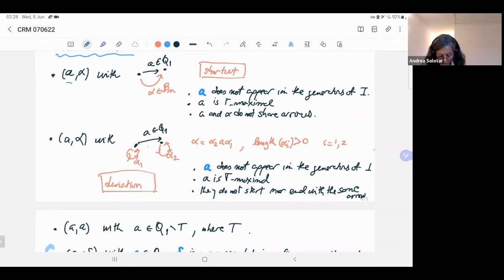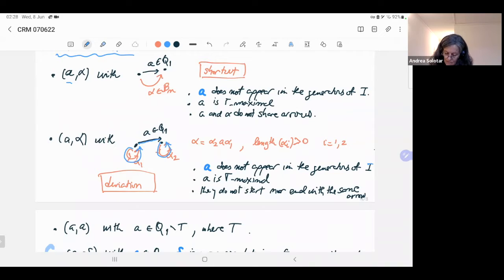And then another type of configuration where we consider the arrow parallel to the path that goes through alpha 1, which does not start with A, then A, and then alpha 2, which does not end with A, okay? And the lengths of both alpha 1 and alpha 2 are positive. So here we are calling this a deviation. There are some more conditions: as before, A does not appear in the generators of the ideal.